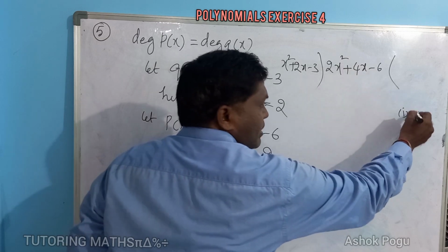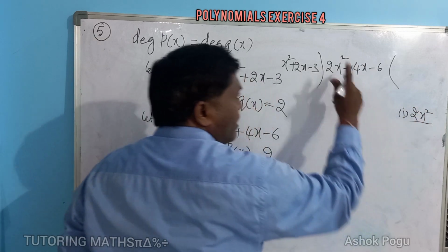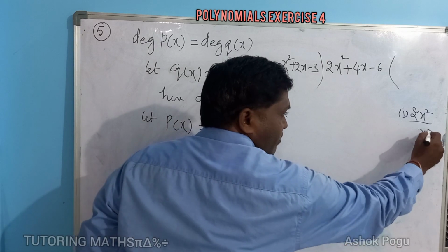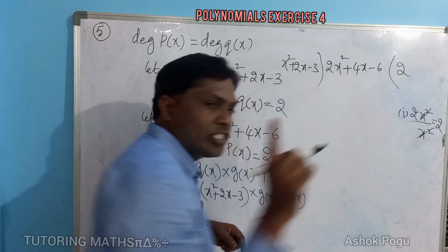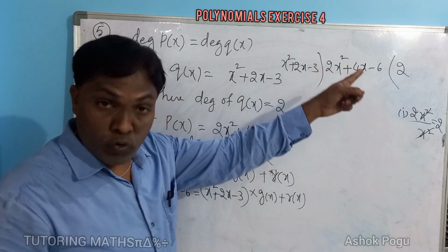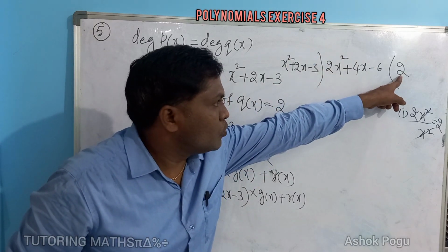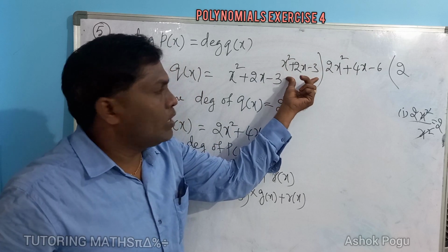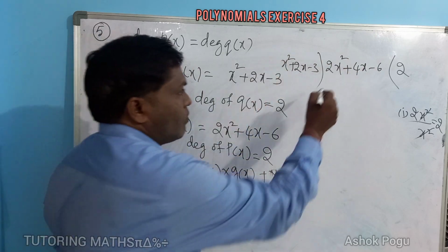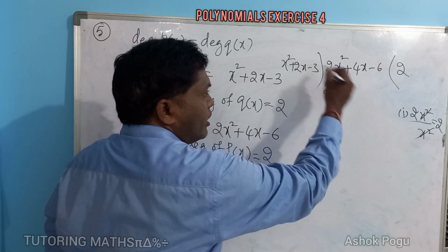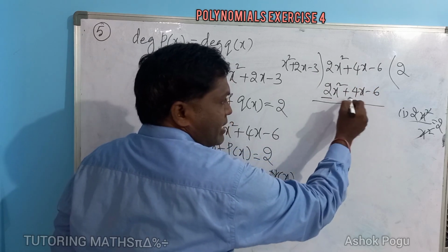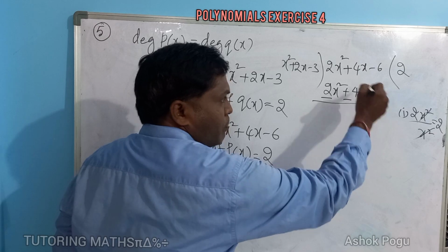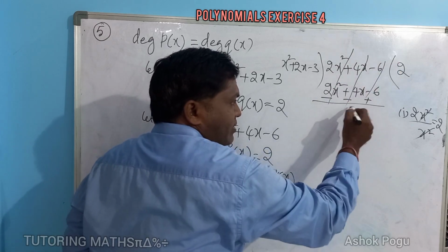First step is the first term of the dividend by the first term of the divisor. This gets cancelled. We get 2. This 2 is called the first term of the quotient. You multiply this 2 quotient by the whole divisor. 2 into x square, 2x square, 2 into 2, 4x, 2 threes are 6, and minus, this becomes minus, minus becomes plus, all they get cancelled.